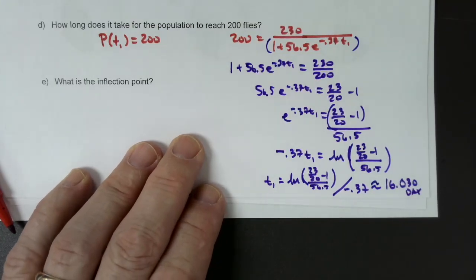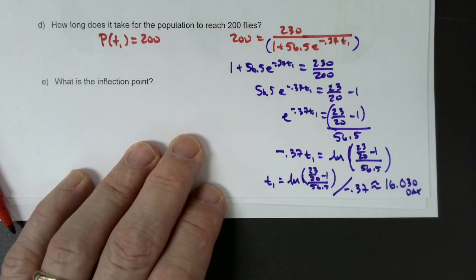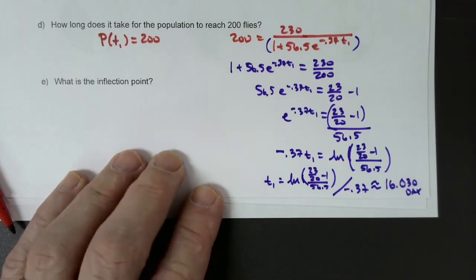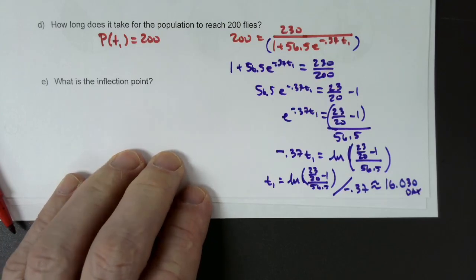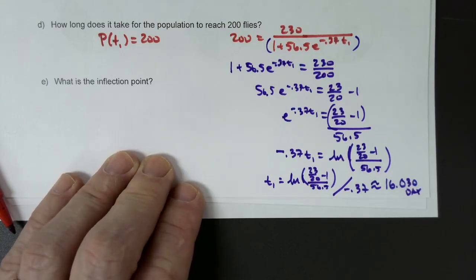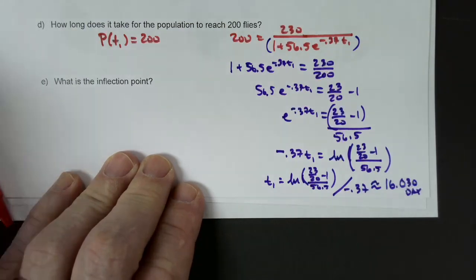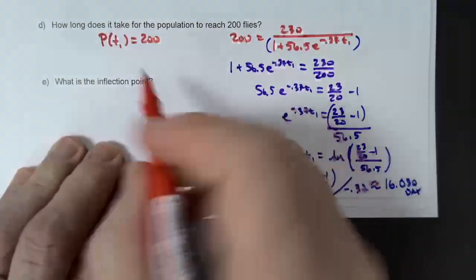4 at the beginning, 5 days later we're at 23, and then in just over 16 days we'll have 200 flies flying all over those bananas. Sounds yummy. What is the inflection point? Okay, now here's the key word on this.